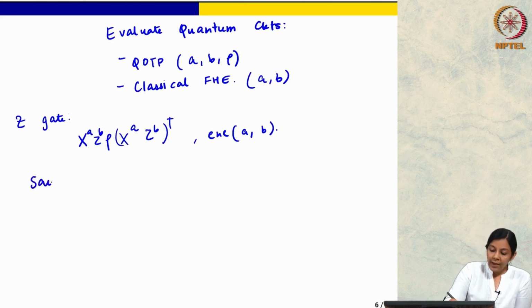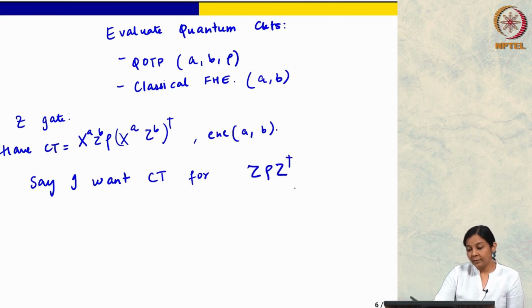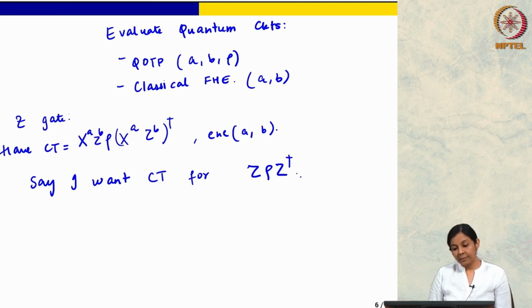Now, say I want a ciphertext for Z rho Z dagger. So, what could I do?